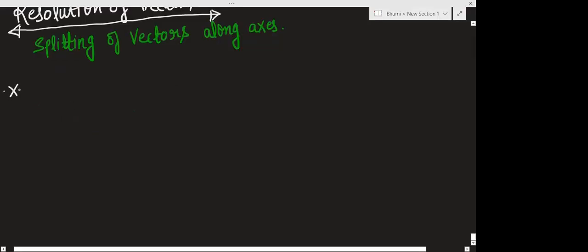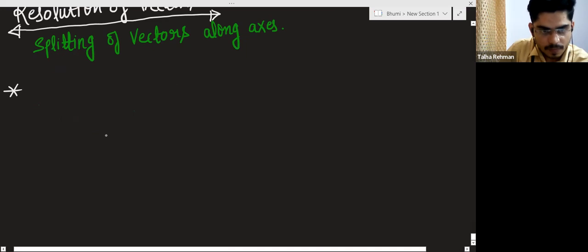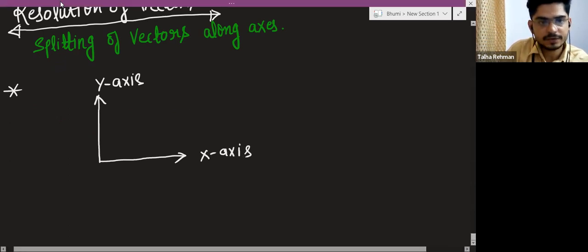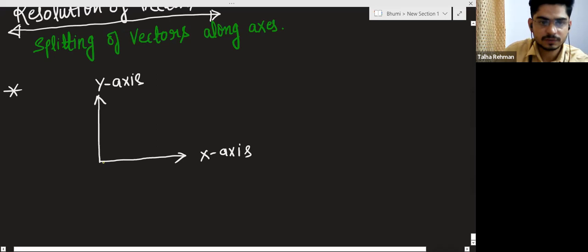This is y-axis. This is x-axis. And if there is a vector from this point, there is a vector like this.